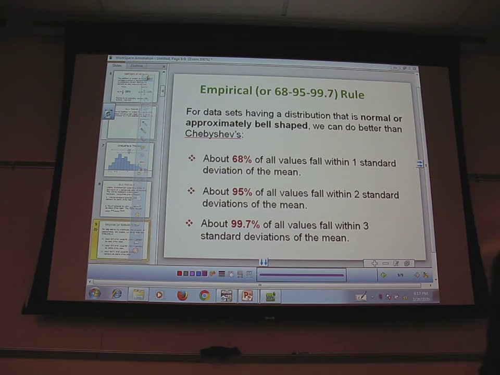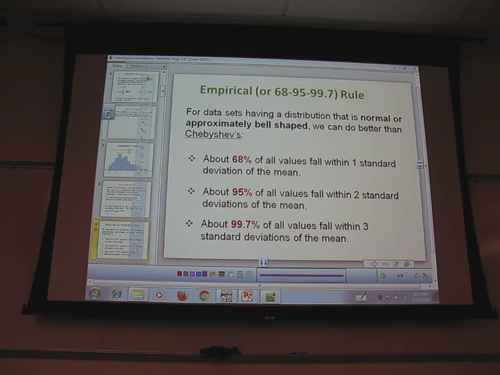Here's the condition. It has to be normally distributed. But if it's normally distributed, then we can do better than Chebyshev's. Chebyshev says two standard deviations, between 75% and 100%. The empirical rule says right around 95%. That's a lot more accurate. Chebyshev says for three standard deviations, at least 89%, so 89% to 100%.